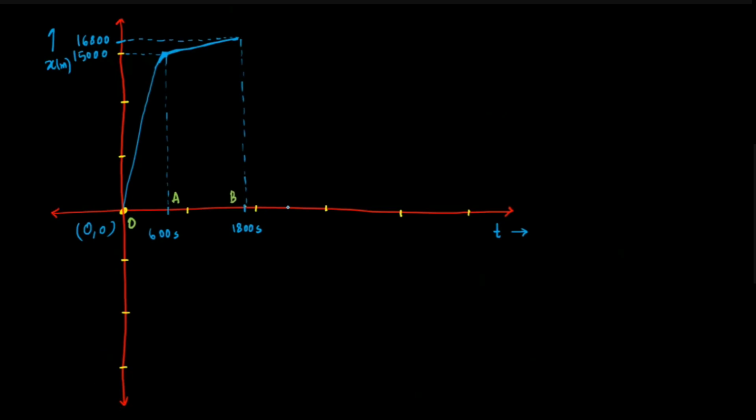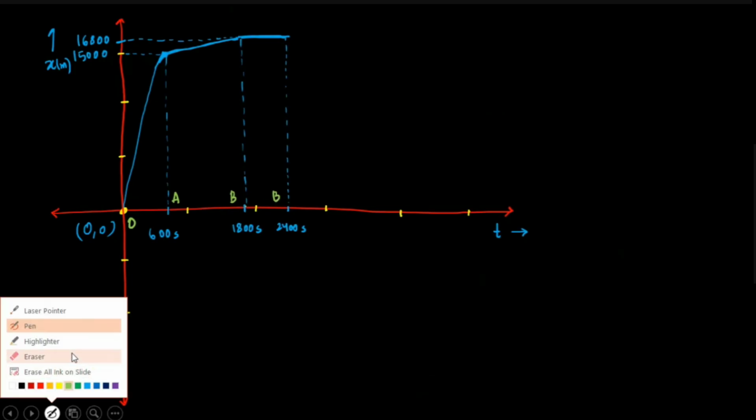So 10 minutes means it becomes 2400 seconds now. For the next 10 minutes, it stays the same. It should be a line parallel to the time axis. So it is going to be a straight line like that. This is point B itself because it has waited.